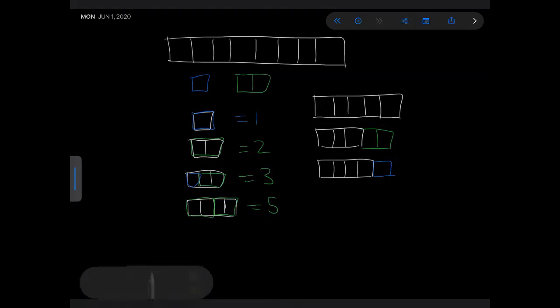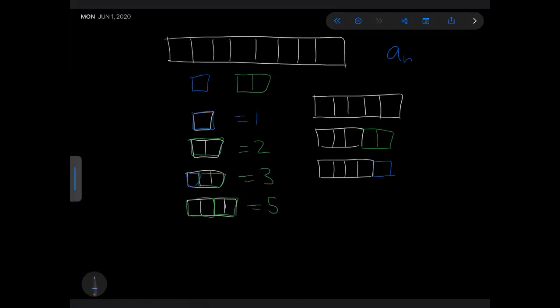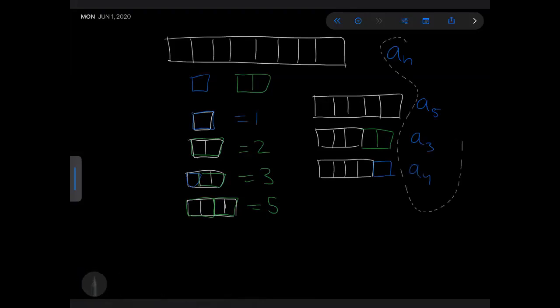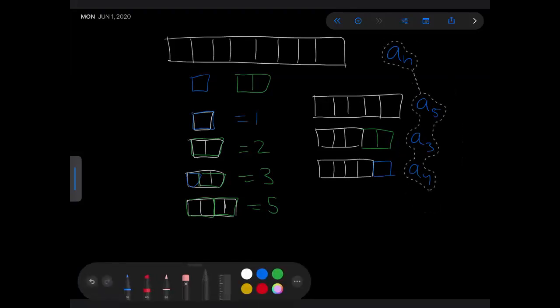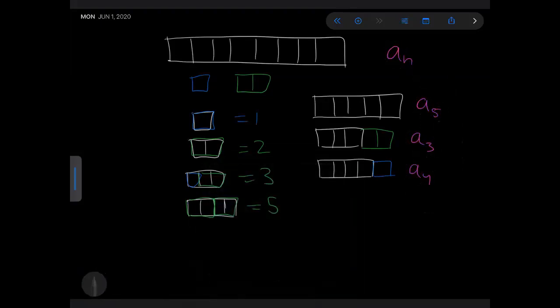So how many ways is that? Let's say the number of ways to create a block of length n is a sub n. So this is going to be a sub 5. This will be a sub 3. This will be a sub 4. What does this say?